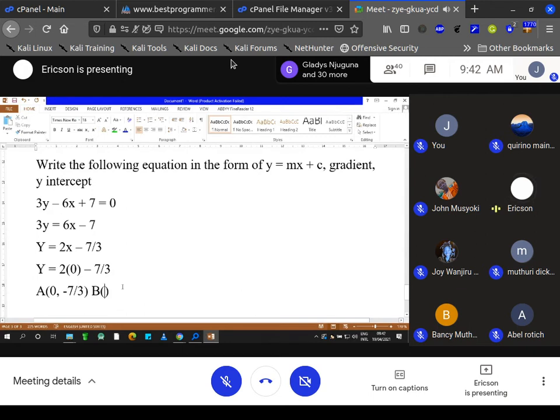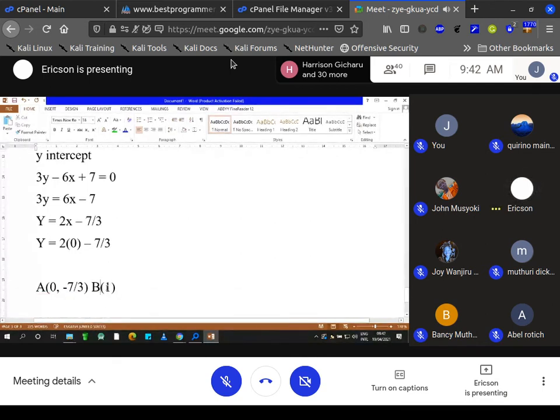Let's pick our x value as 1. The corresponding y equals 2 multiplied by 1, minus 7 over 3.